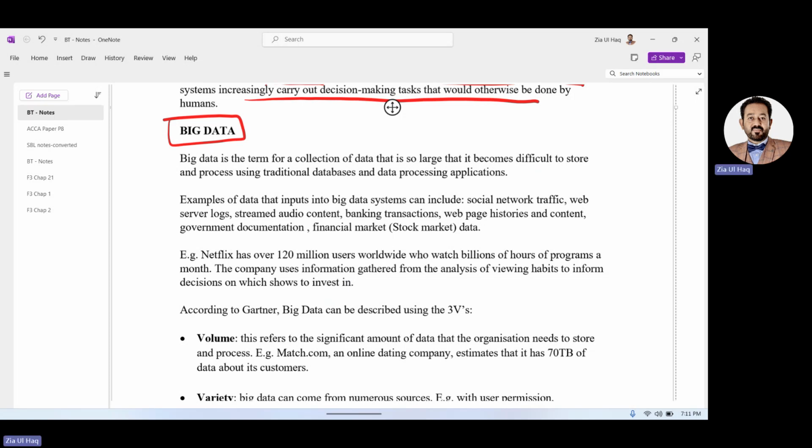Suppose in the last 10 years, which customer has made what order, they need to keep a record of that. In the last 10 years, what salaries they have paid to their employees, they need to record. And the record of those customer and employee data is called big data. I mean, the large amount of data that an organization uses, processes, and stores is called big data.